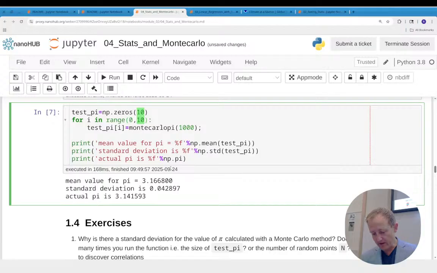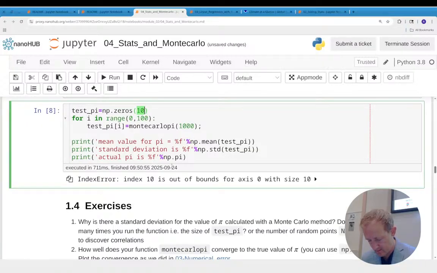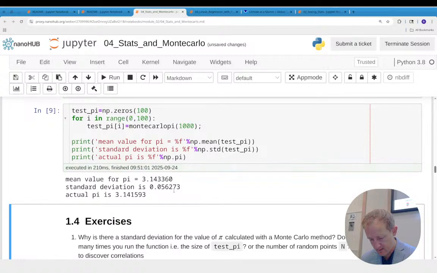So if I increase the number of times that I run it, it's still going to have roughly the same standard deviation. Maybe my pi is a little closer, but each run was not as accurate.